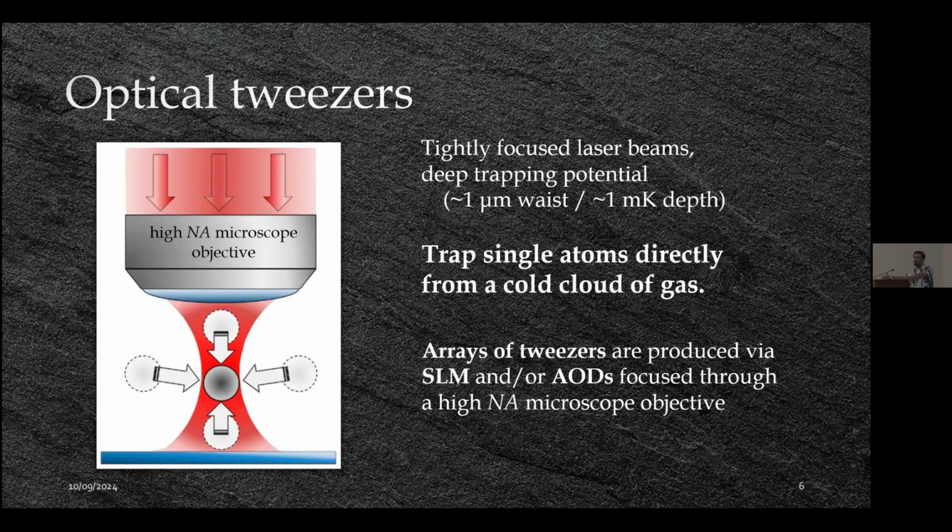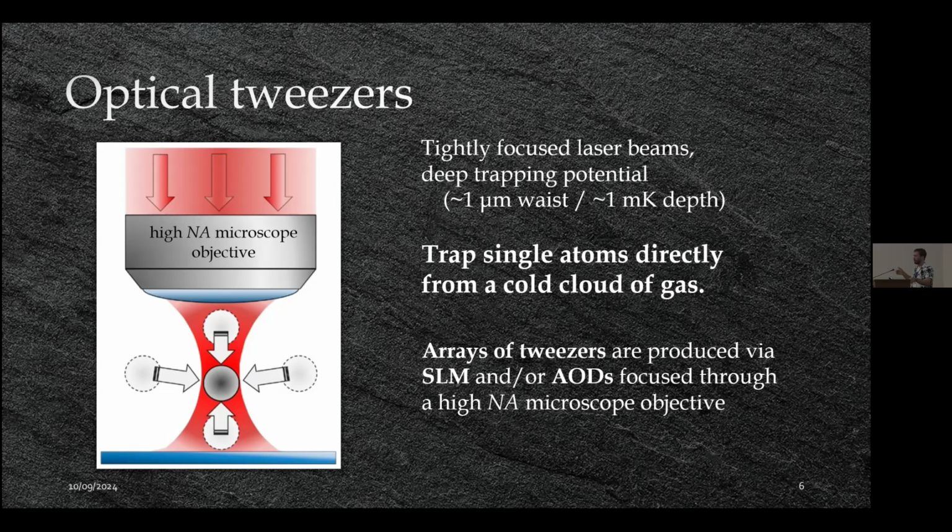That is basically a MOT. Of course, the MOT has to be at least at millikelvin temperature, but with these techniques, we can right away trap and manipulate the single atom. But of course, as I said before, we don't want just one atom, we want an array of atoms. What that means is that we're going to need an array of tweezers.